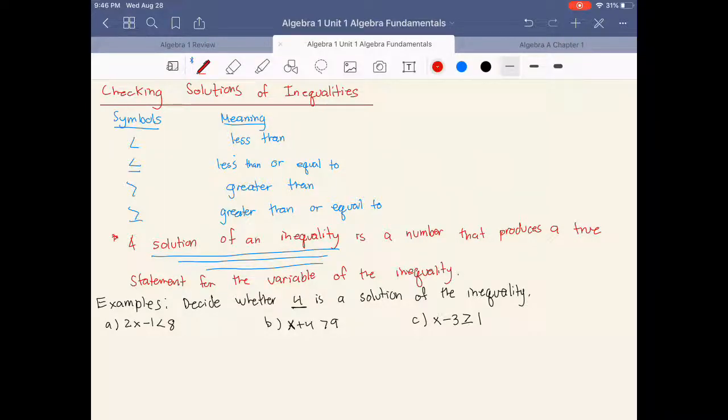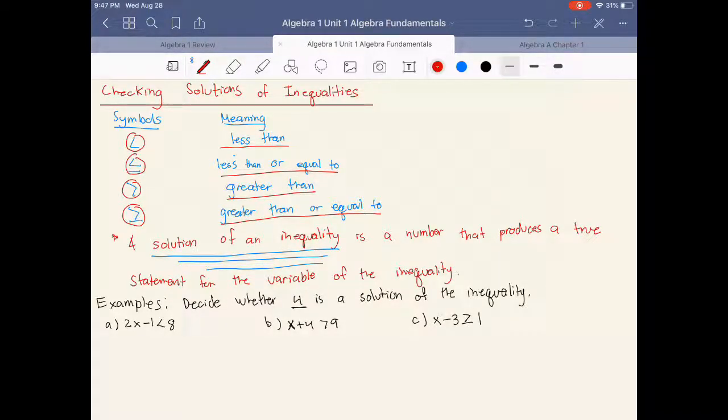Inequalities come in the form of the less than sign, which is this. Then there's the less than or equal to, the greater than, and the greater than or equal to. You can see how it's said just by reading the description under meaning.